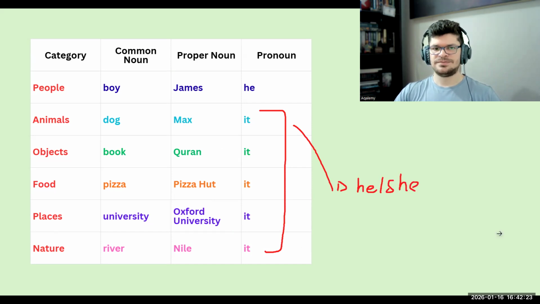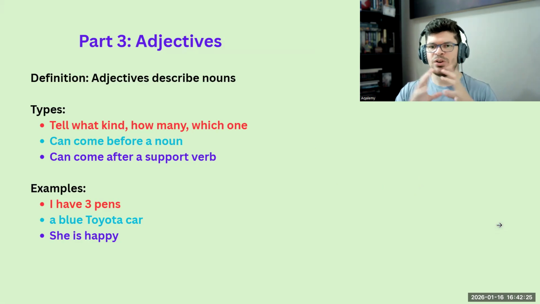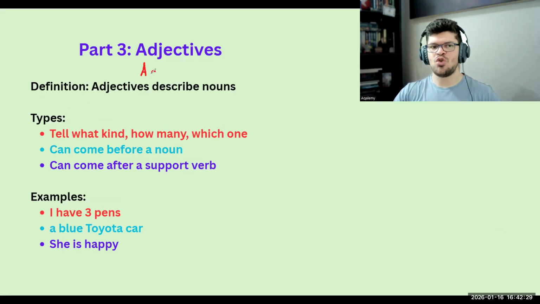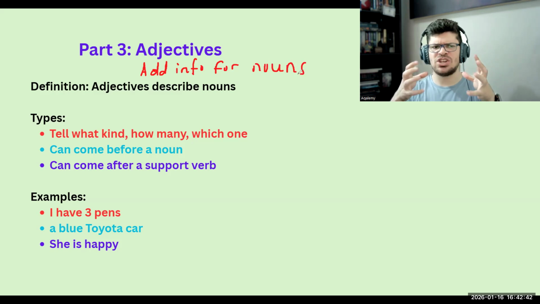Now we look at adjectives. Think of adjective like you add. Add means to put extra. Add information for noun. We put some more information for noun. Give it more understanding. Give it more information. Or we describe.